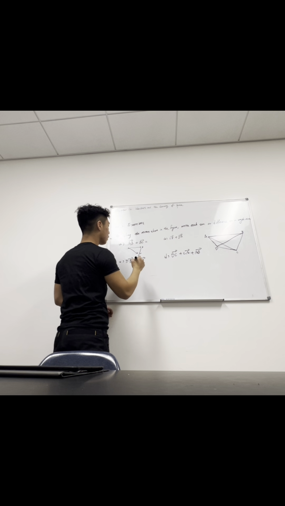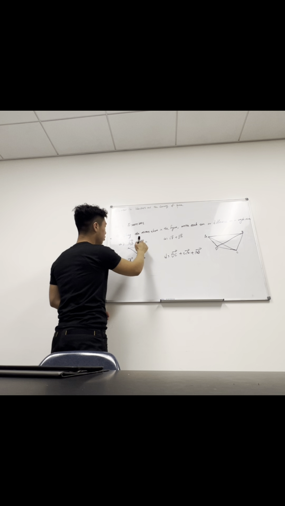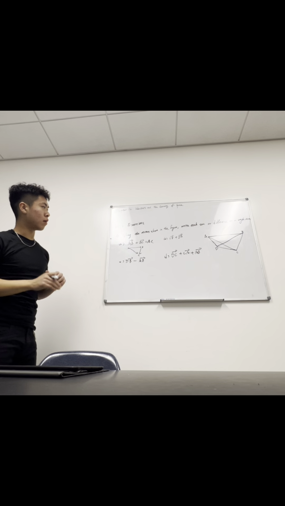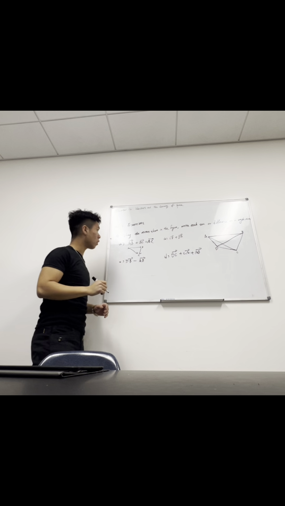So AB plus BC is AC. Don't forget the arrow on top.